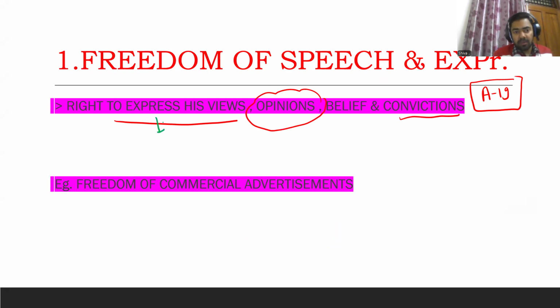Expression could be by your mouth, by your writing, by your advertisement, by writing it down in journals, in newspapers, in editorials, by painting, by dancing, by singing, by putting a flag on the top of your terrace. It is also part of the right to speech and expression. Liberty, thought, expression, belief, faith, worship, etc. Even the right to freedom of press.